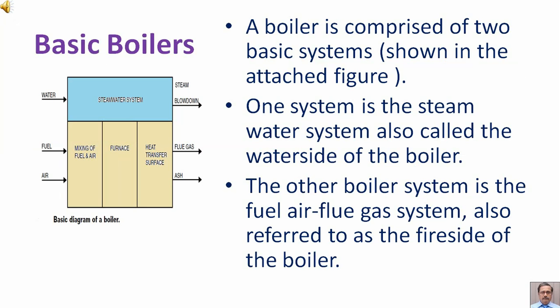One system is the steam water system, also called the water side of the boiler. The other boiler system is the fuel air flue gas system, also referred to as the fire side of the boiler.